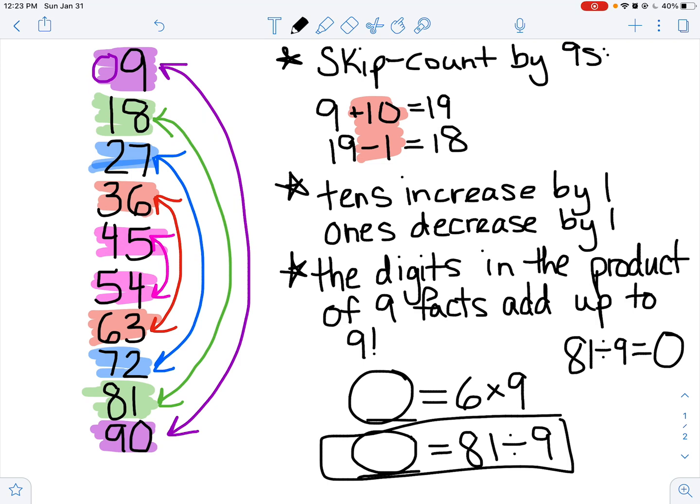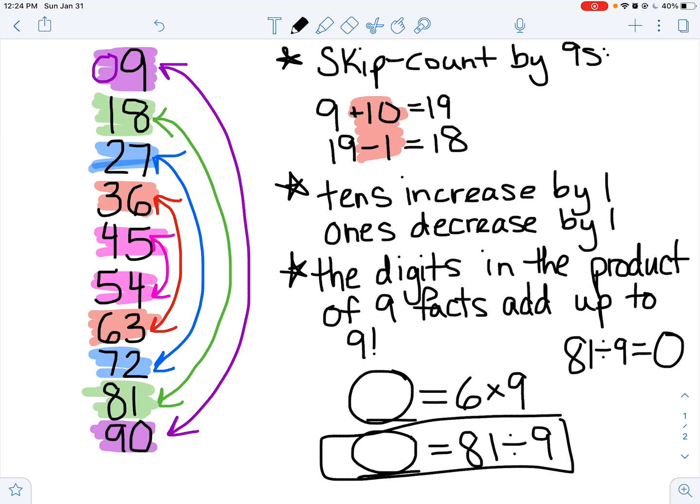On your second page, I want you to record your favorite thing that you learned today. What was the most interesting part? Did you think it was really cool that the 10s go up by 1 and the 1s go down by 1 each time? Did you think it was really neat that the digits in the product of 9 facts add up to 9?